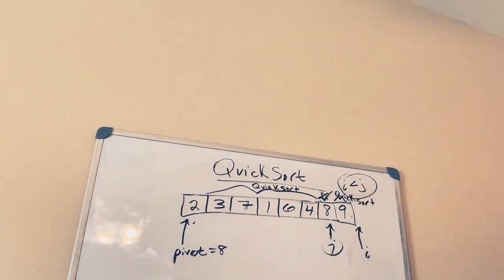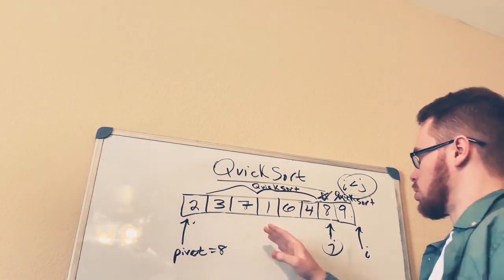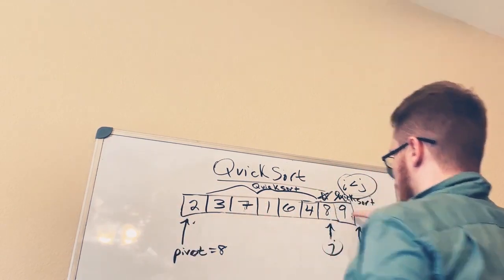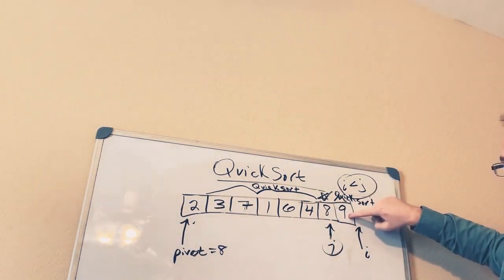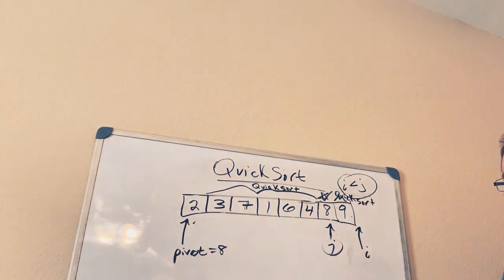Now this is a good example of not picking the best pivot value, because you can see we're splitting the work up on the left, but this is already sorted, okay? So we're going to pass that into quicksort and it's going to spit it right back out and it's going to be done.